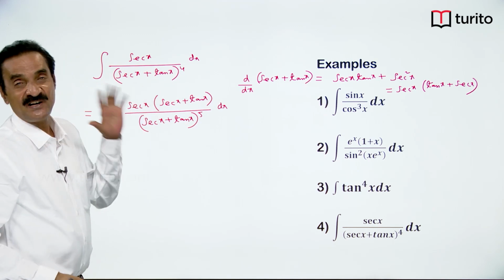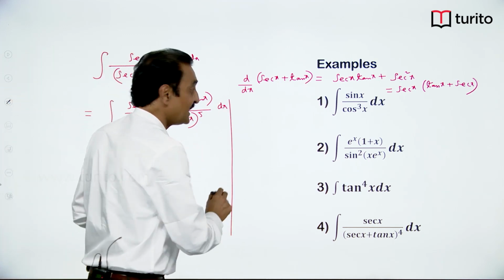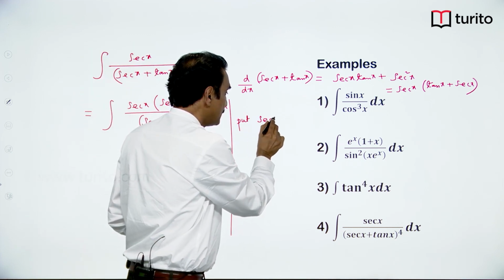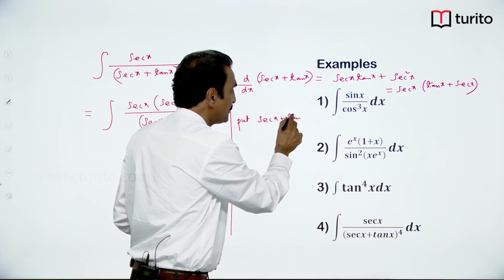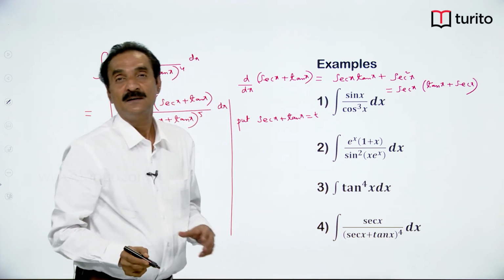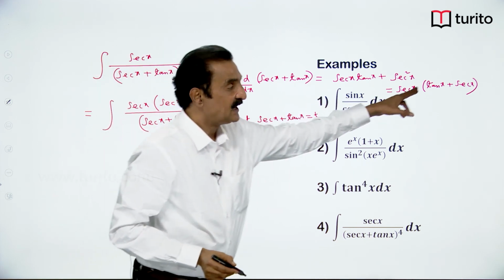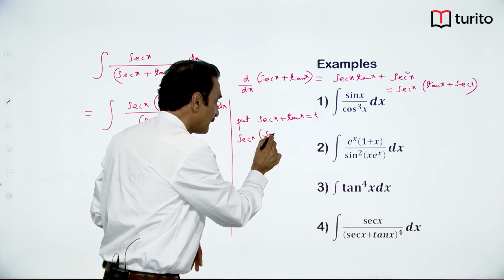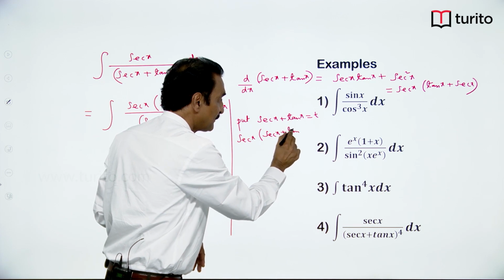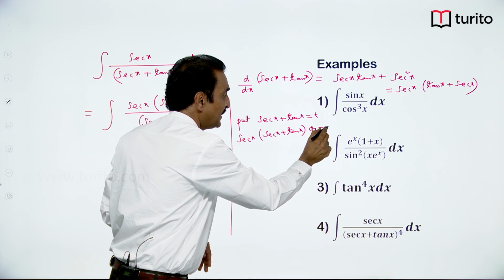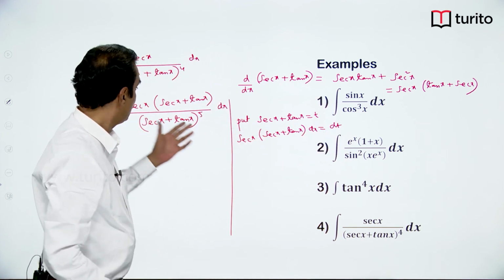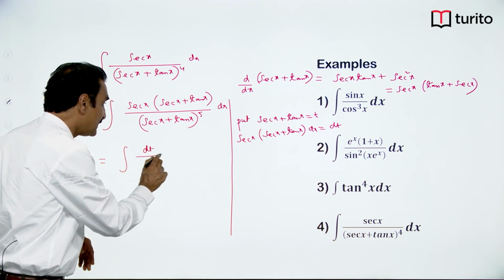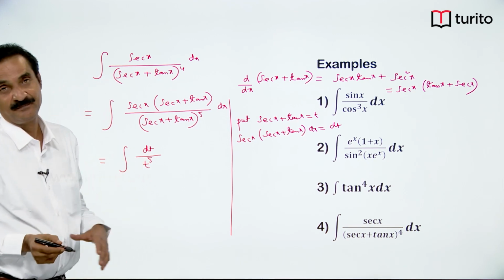Now, put secant x plus tan x is equal to t. Then its derivative is secant x into secant x plus tan x into dx is equal to dt. Then this becomes integral dt upon t power 5.